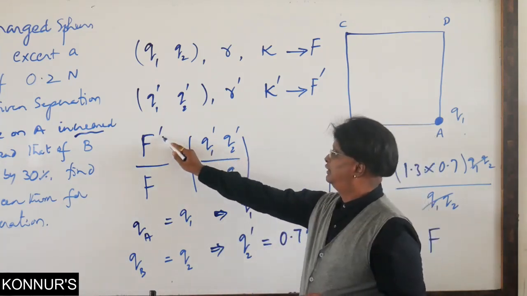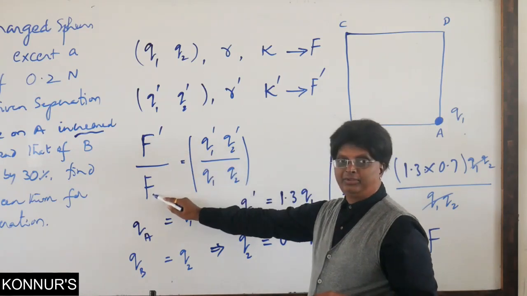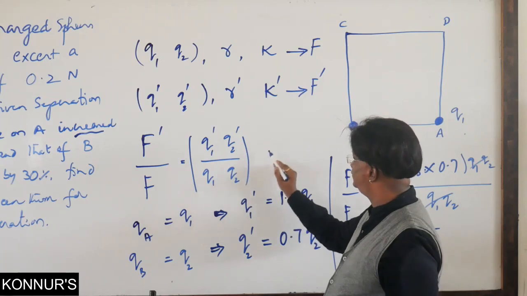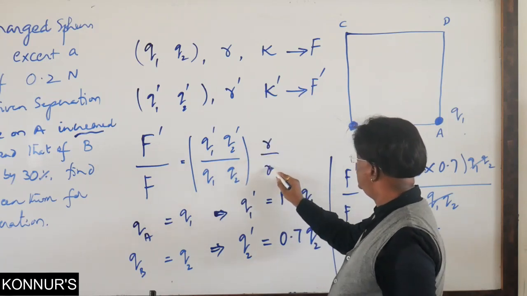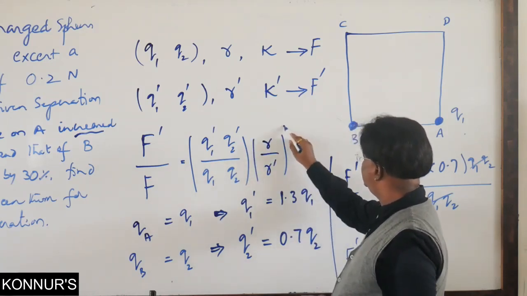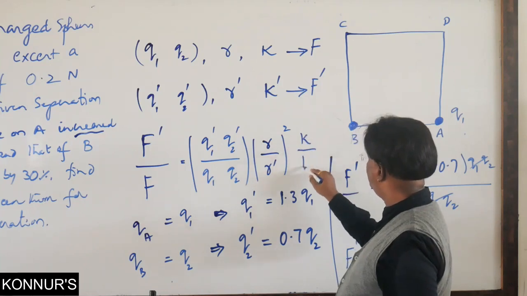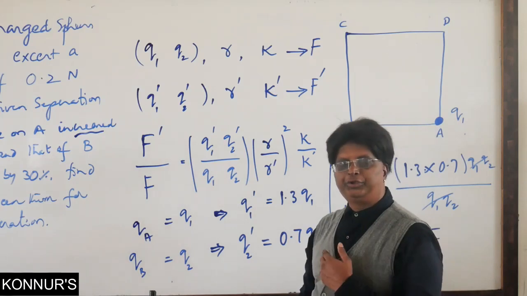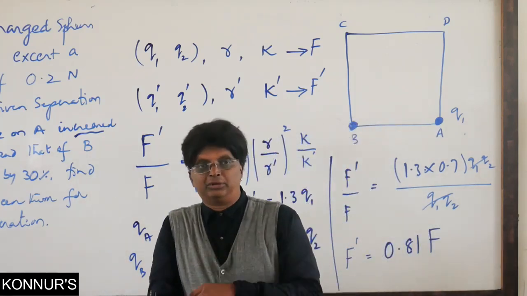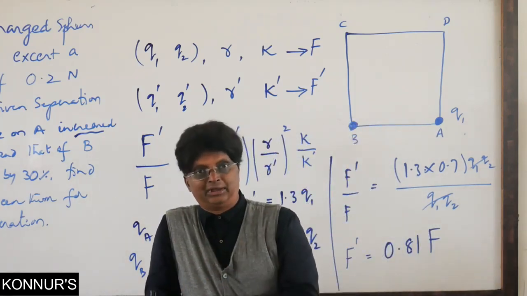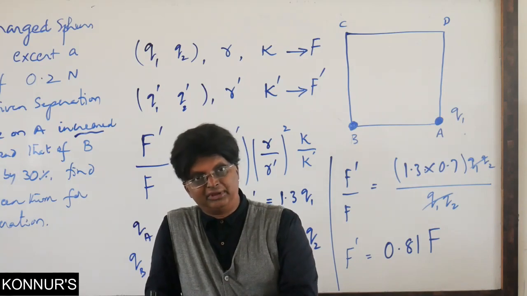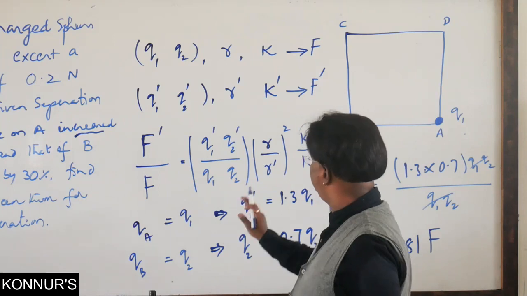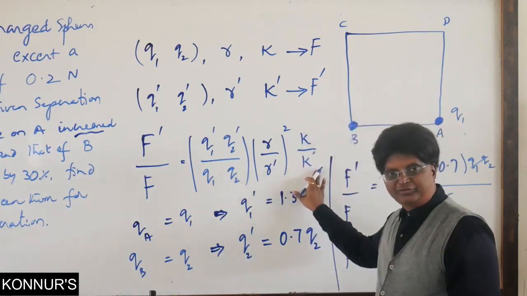Yes, the new force compared with the given force is Q1 dash Q2 dash by Q1 Q2, R upon R dash squared and K upon K dash. When you come back for our regular theory classes and competitive examination coachings, you will find a good number of examples. Here, I hope you will take this tool and use it for some of the examples.